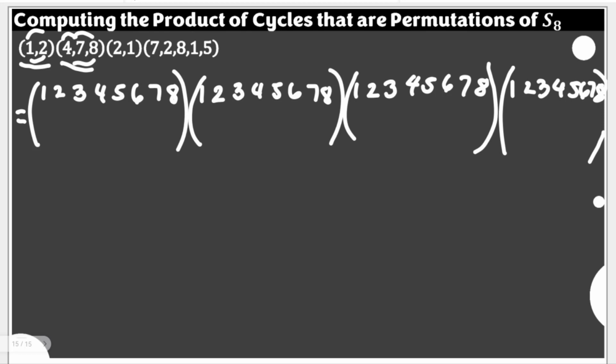For the first cycle, 1 and 2, 1 is mapped to 2 and 2 is mapped to 1. The rest are just mapped to themselves, such that we only have the orbit of 1 and 2 containing more than one element, and the rest would be unit sets.